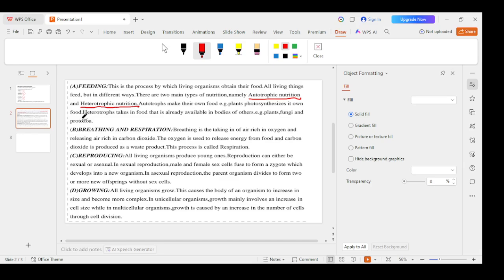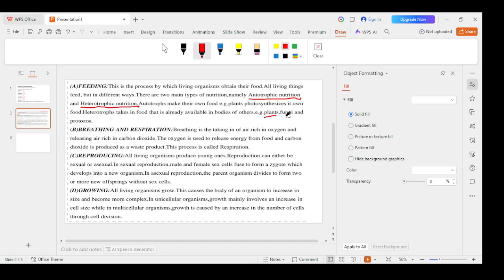Under this type of nutrition you find the heterotrophs, which take food that is already available from other bodies. And some examples of the heterotrophs, we have also plants, they fall under this.